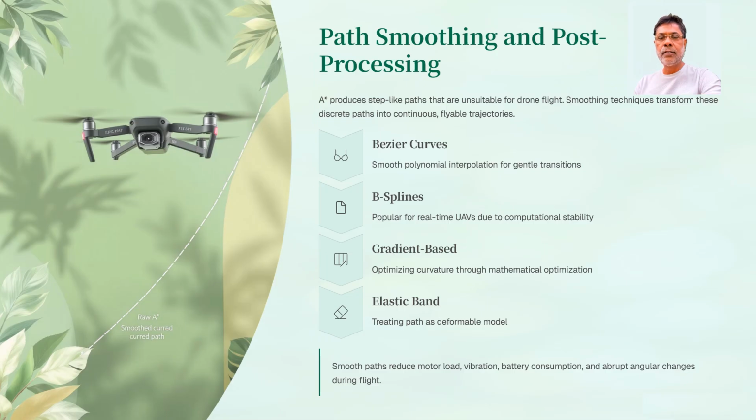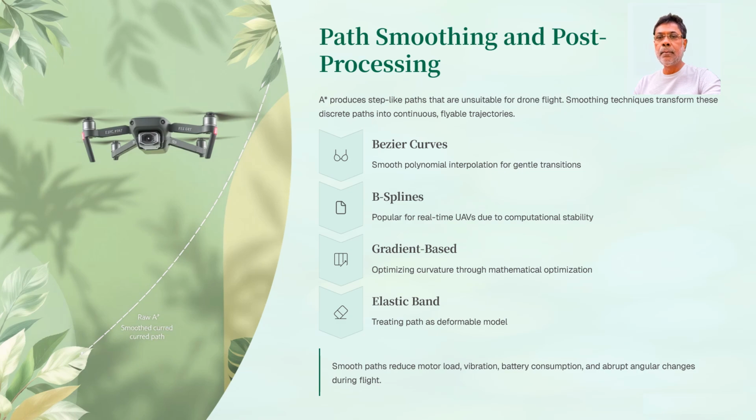The raw paths generated by A-star often have sharp, step-like movements that aren't suitable for real drone flight. That's why post-processing is essential. It smooths these discrete waypoints into continuous, realistic flight trajectories. One common method is using Bezier curves, which create smooth polynomial transitions and are favored in real-time UAV applications because they're both stable and computationally efficient.